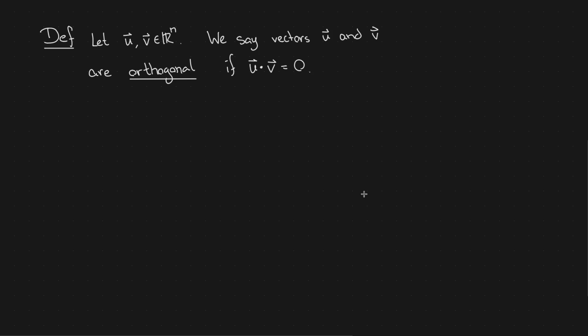So a really good question at this point would be, why are we introducing this new word? Perpendicular was a perfectly good word. Why are we introducing the word orthogonal? So in most situations, at this point in the course, they're going to mean the same thing.